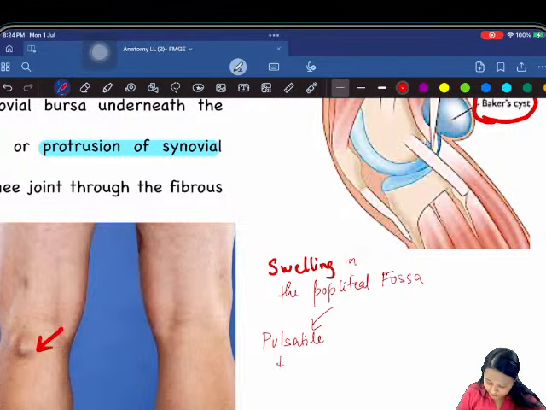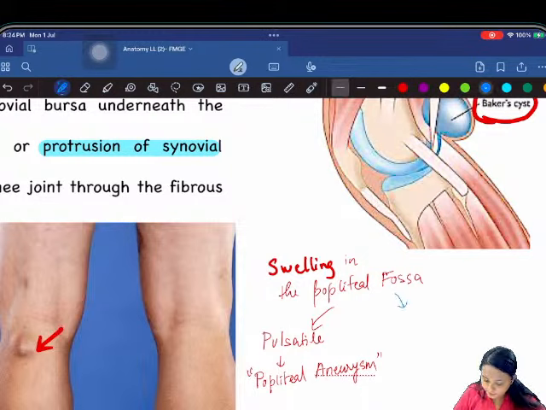It is popliteal aneurysm. And if the swelling is cystic, then it will be a popliteal cyst, and that is also known as Baker's cyst.